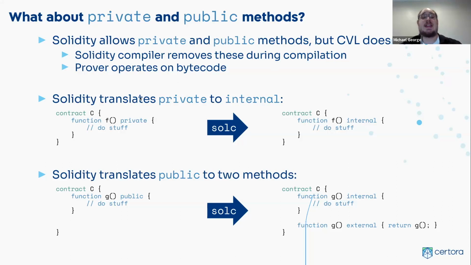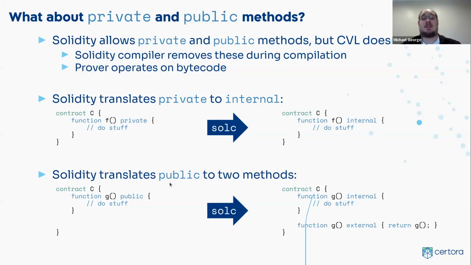Okay. So as I said, it's going to get rid of private and public. It translates those away. How does it do that? Well, if you write a private method in Solidity, that gets treated the same as an internal method. And so if you wanted to summarize a private method, you would just write an internal entry in your methods block. So that's pretty easy.